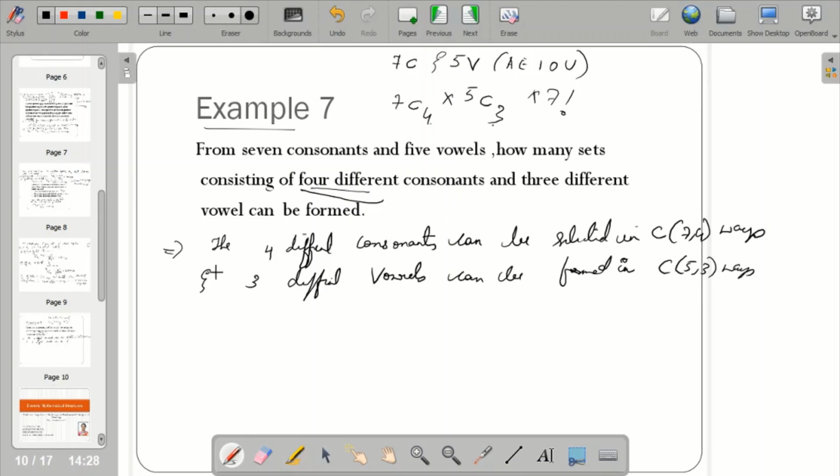And the resulting 7 different letters can be arranged among themselves. Since they are told different, we are multiplying; we need to consider the arrangement among themselves.